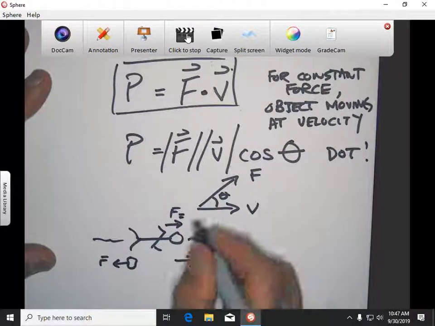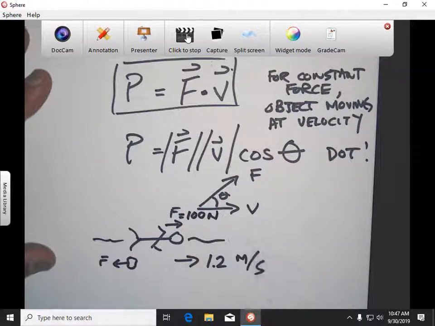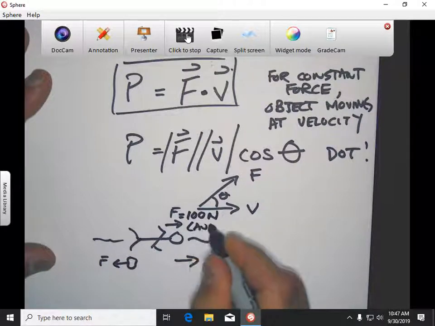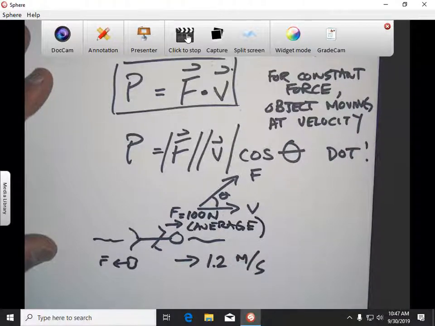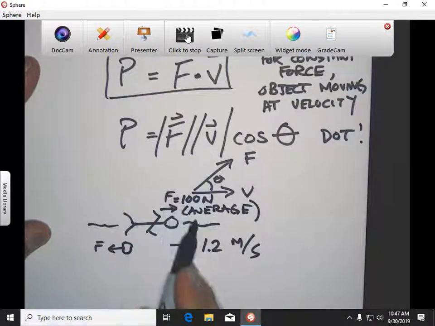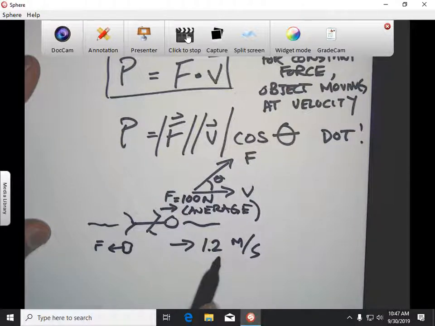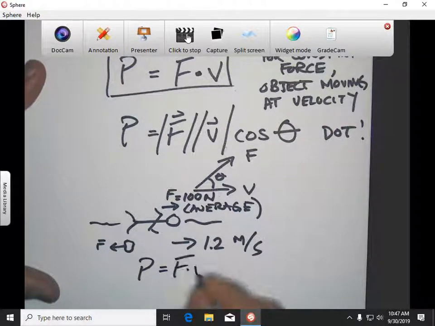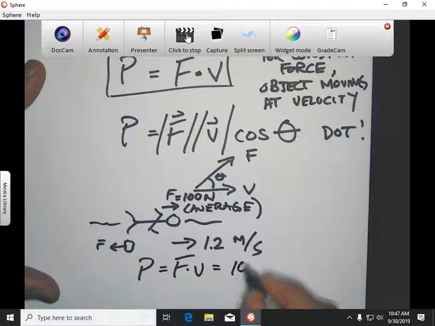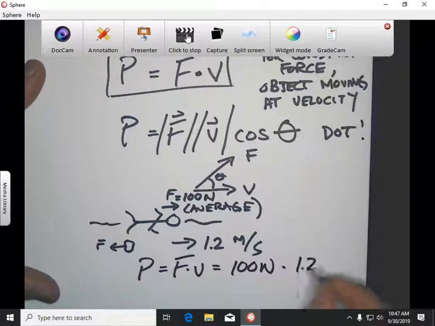Well, let's make up a number. Let's say that this force is equal to 100 newtons. That's an average value, right? Because nobody swims by pushing with a perfectly constant force. But maybe I can push with 100 newtons on average, and I can keep myself moving at this speed. In this case, the power that I would be using could be found by multiplying force times velocity, or 100 newtons times 1.2 meters per second.